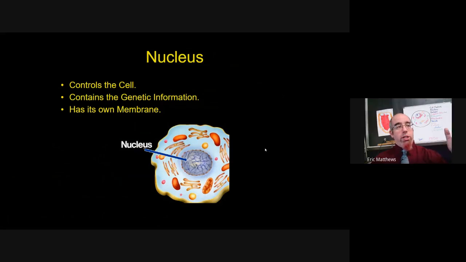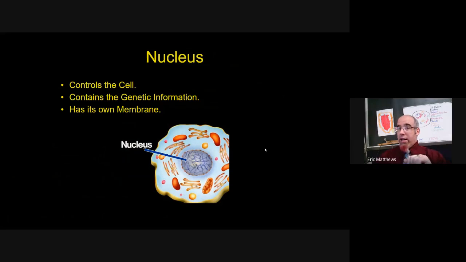The nucleus. All right, the nucleus has 2 very important jobs. Number 1, it controls the cell. It's the boss. It's the person in charge, right? It's the CEO. If anything in the cell wants to do anything, they've got to get permission from the nucleus.